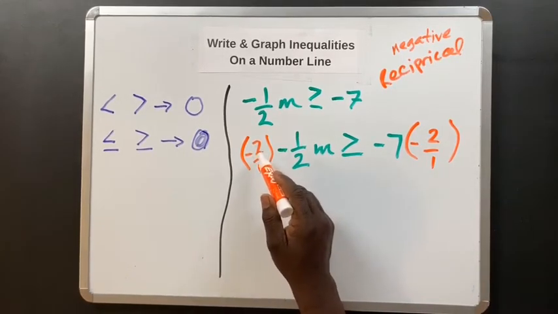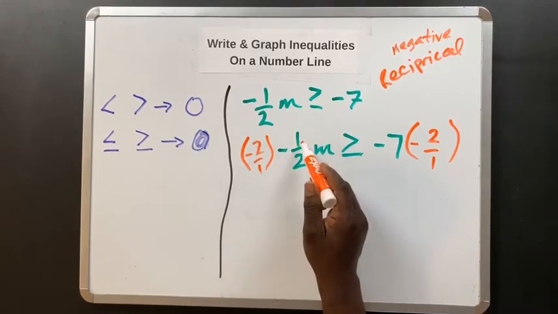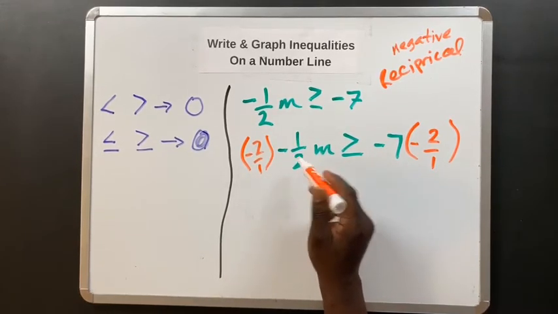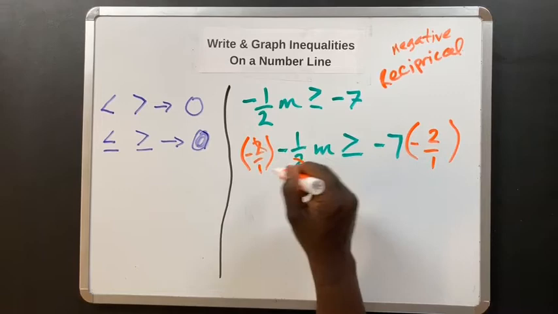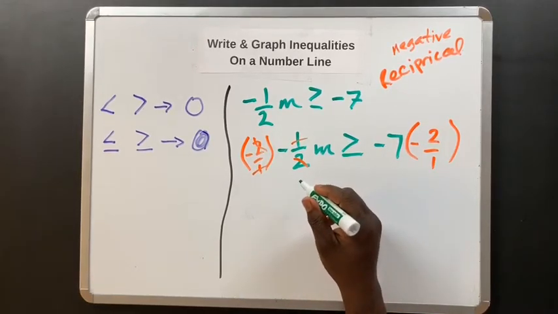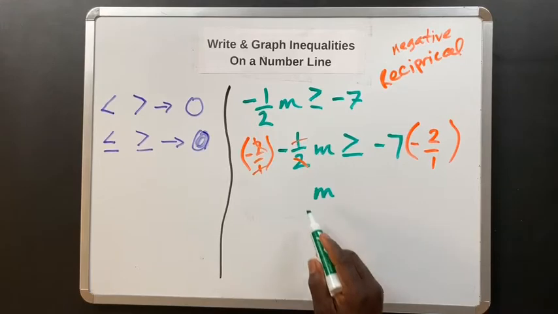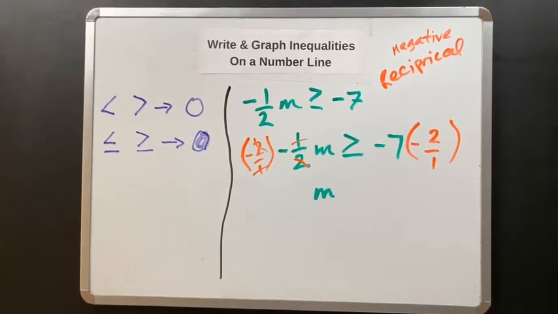So negative times negative is a positive. 2 times 1 is 2. 1 times 2 is 2. So these cross out. And I bring down positive m. Negative times a negative is a positive. There, m is by itself. Wonderful.